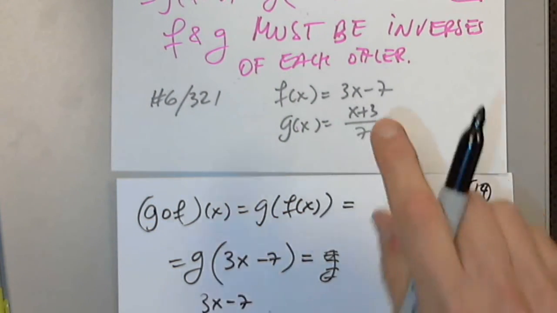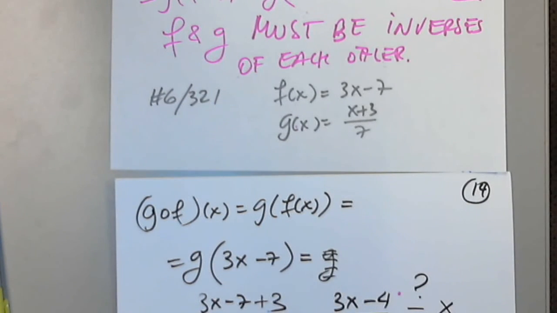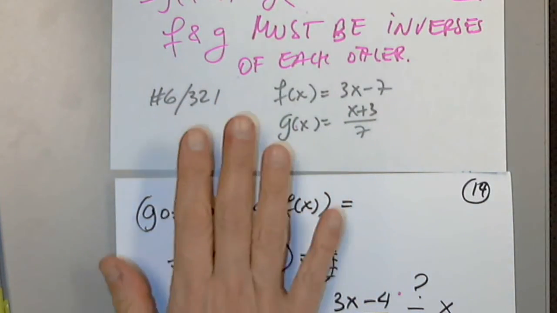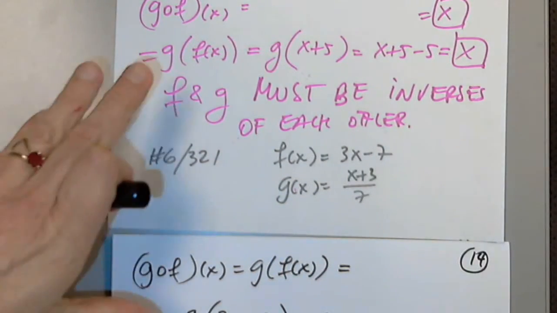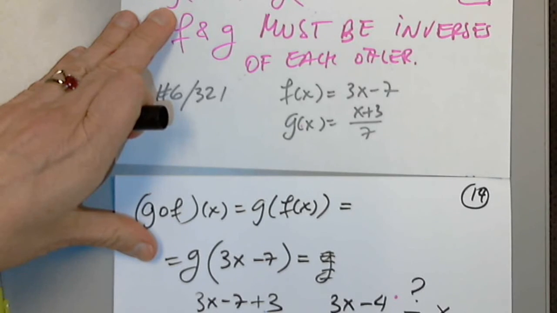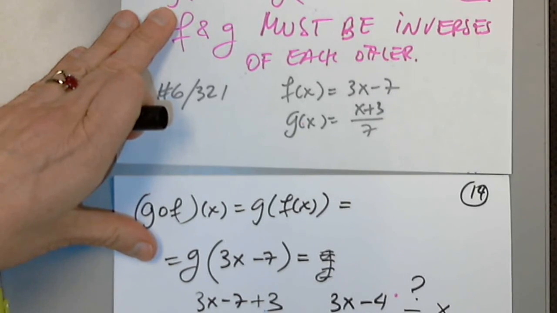It's just this at the top, plus 3 divided by 7. So I have 3x minus 4 over 7. Does this equal x? No. What do you conclude about the given functions f and g? Not inverses of each other.